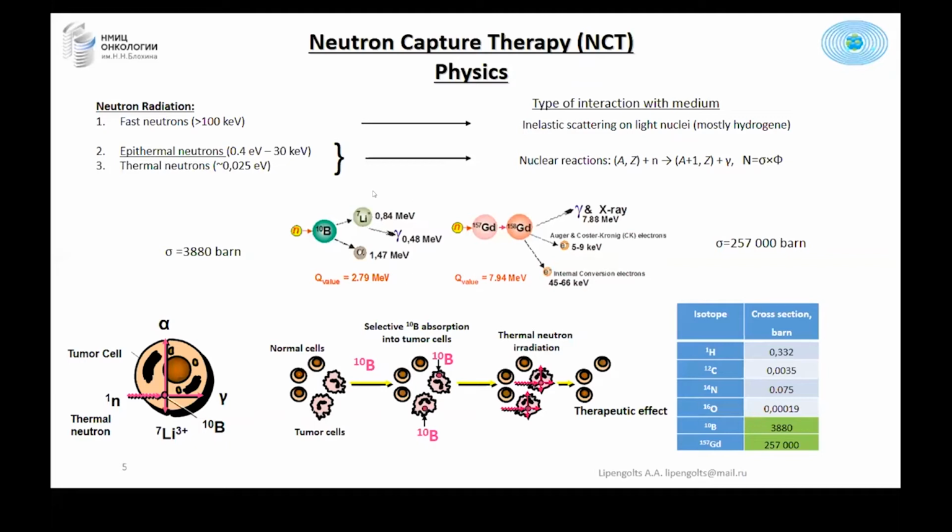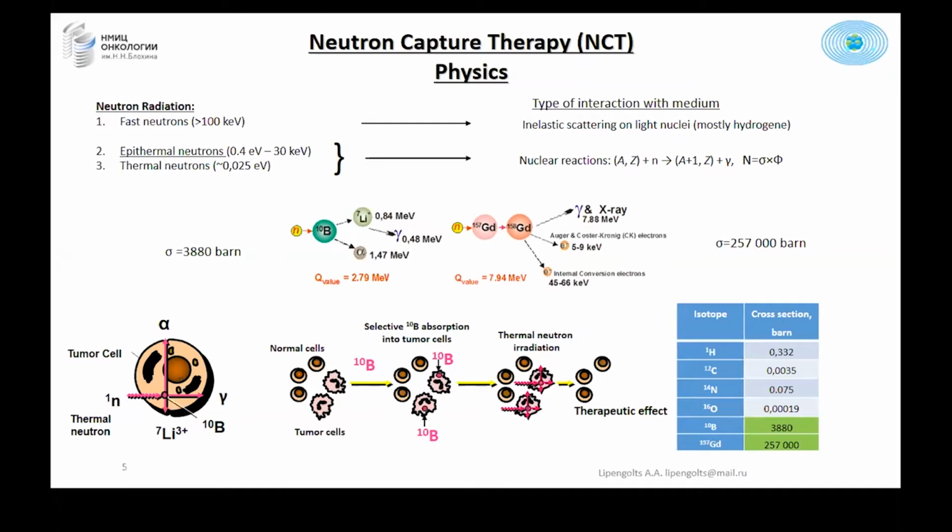You can see the neutron capture reaction of boron-10, and it has some favorable features. As a result of this reaction, charged particles are emitted, an alpha particle and a lithium-7 particle. These are short-range particles, and all the energy is absorbed within the tumor cells, within about 10 micrometers.